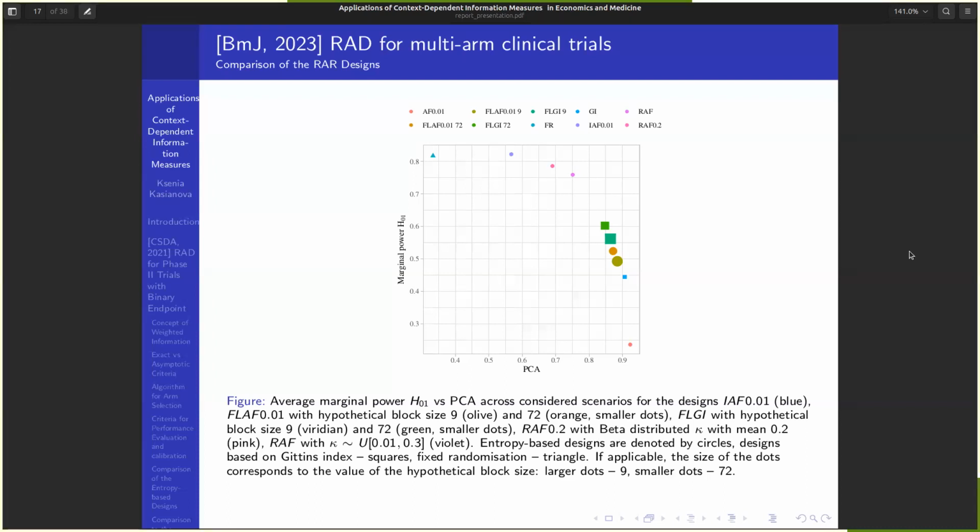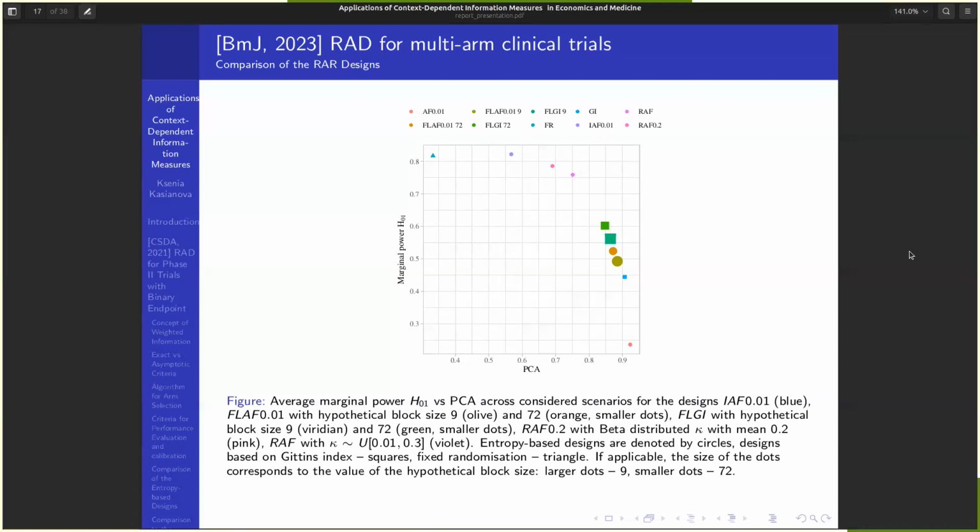And here, you can see that our methods allow us to find different balances, either shifted towards power, which are on the top, or shifted towards PCA, which are to the right of the plot.